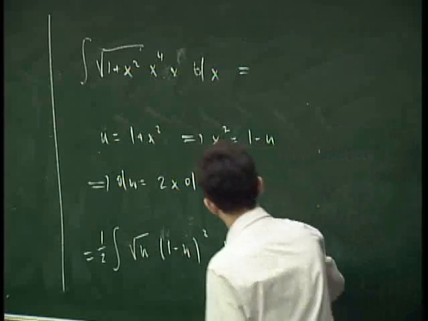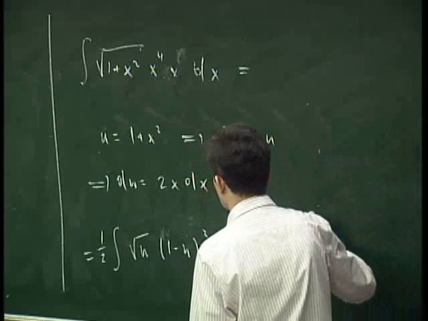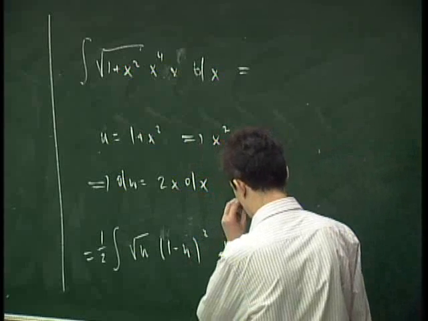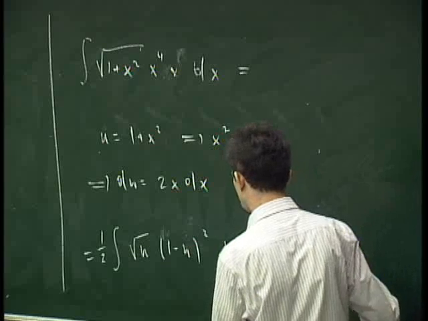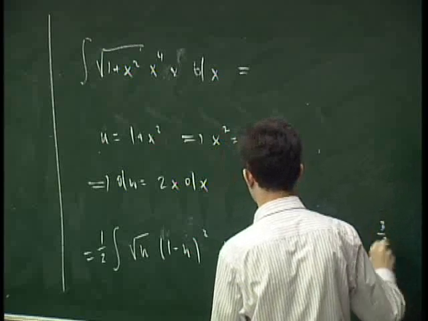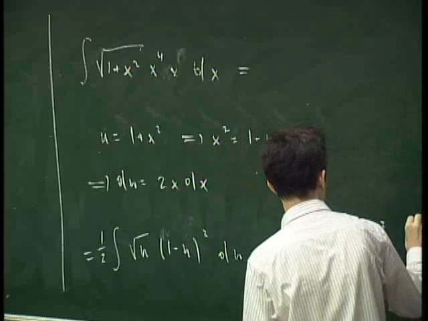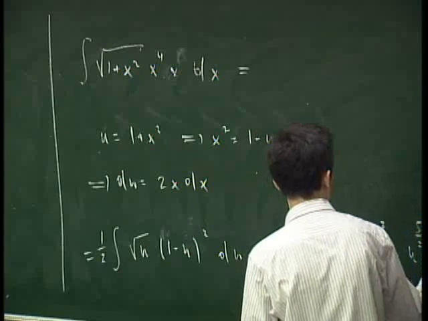So you have u to the 1/2, then minus 2u to the 3/2 plus u squared, so plus u to the 5/2, du.